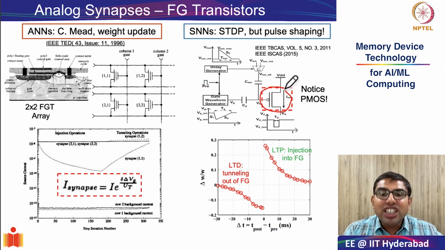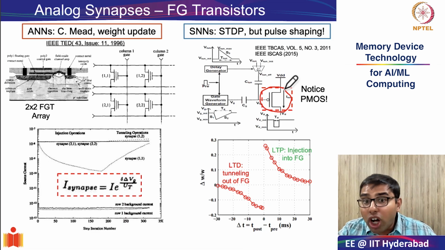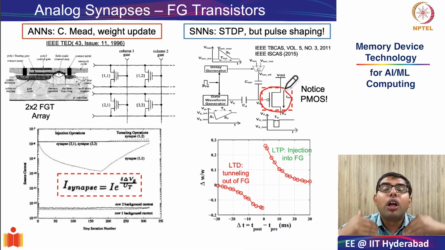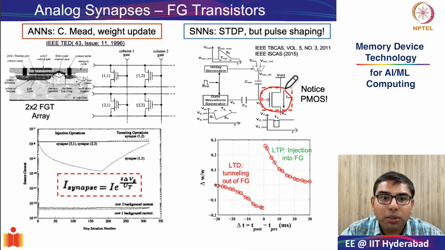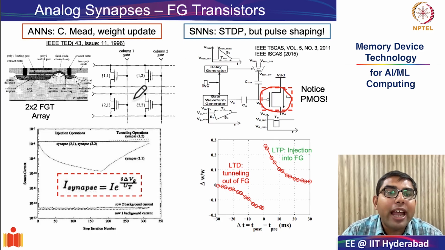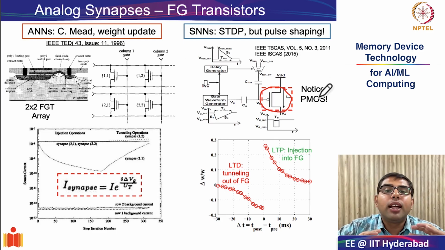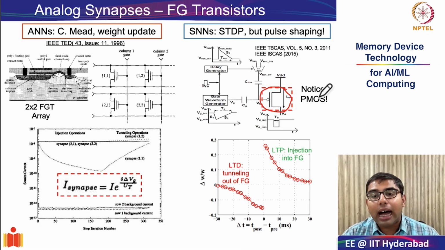So as you inject more electrons into the floating gate, it leads to the threshold voltage moving to the right-hand side, and therefore there is increased current. Because you are changing the polarity from NMOS to PMOS, even the potentiation and depression trends are flipping.